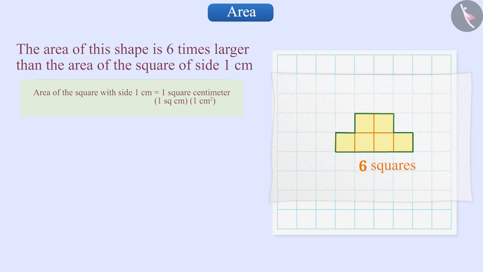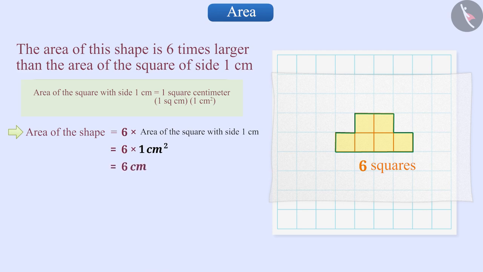Since the area of a square with side 1 centimeter is 1 square centimeter, we can say that the area of this shape is 6 into the area of the square with side 1 centimeter, that is 6 into 1 square centimeter, that is 6 square centimeters.